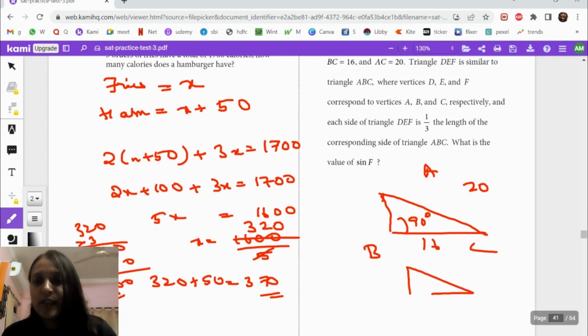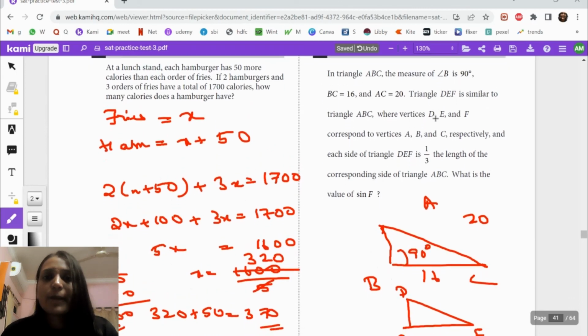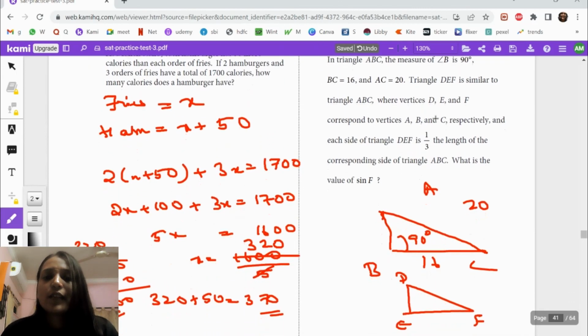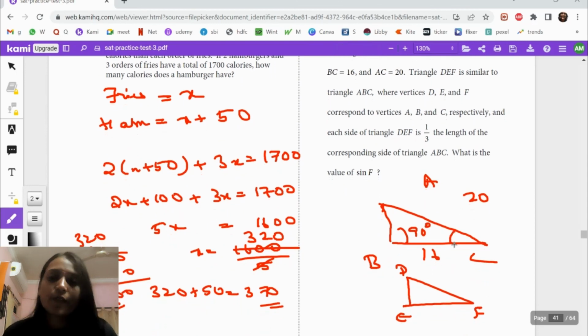So ABC and DEF. Over here we need to find the sine value of F. So if the triangles are similar, we are saying angle C and angle F are the same.